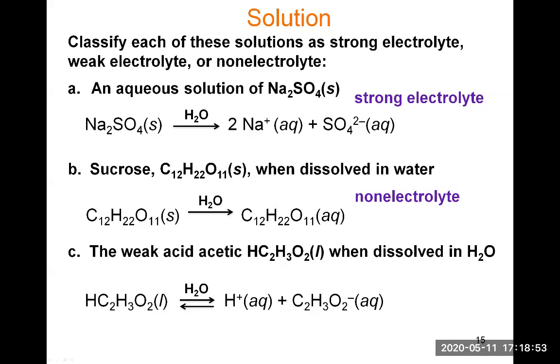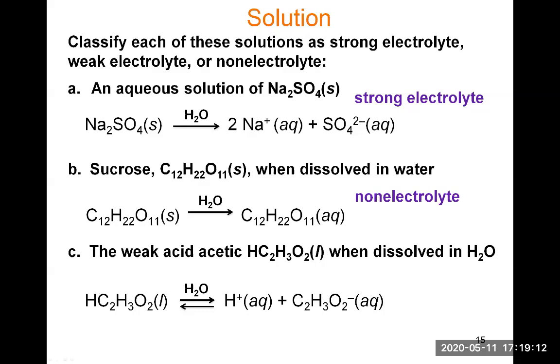If you look at your list of polyatomic ions, you will recognize this as the acetate ion with one negative charge. You see it on the right side with the H removed and with one negative charge. That's the acetate ion.